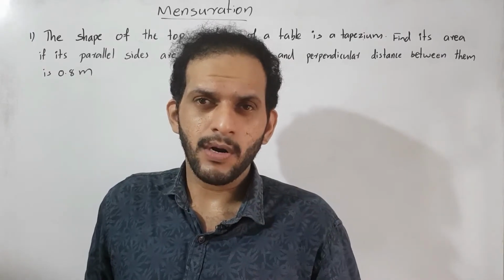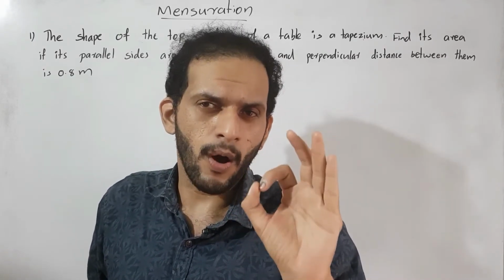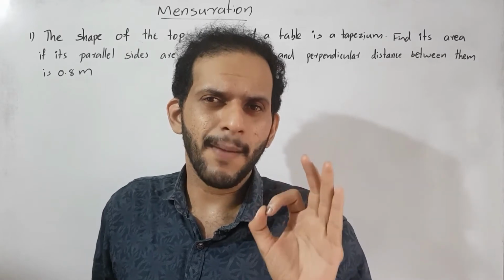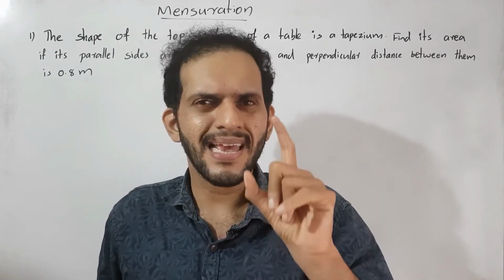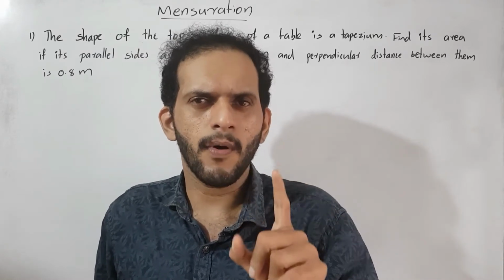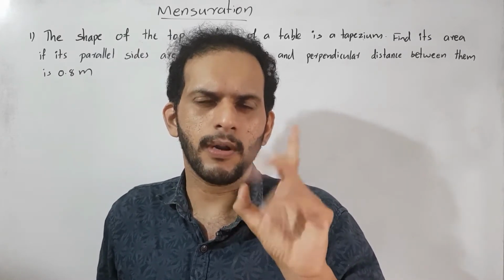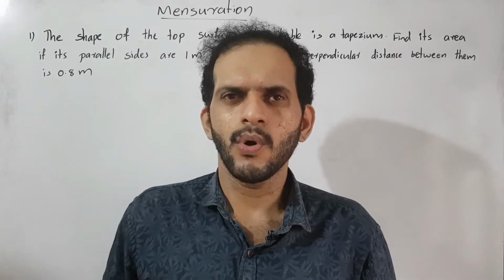Here it is clearly given the shape of the top of the table, the tabletop is in the shape of a trapezium. So to find the area of the tabletop we want to use the equation of a trapezium.